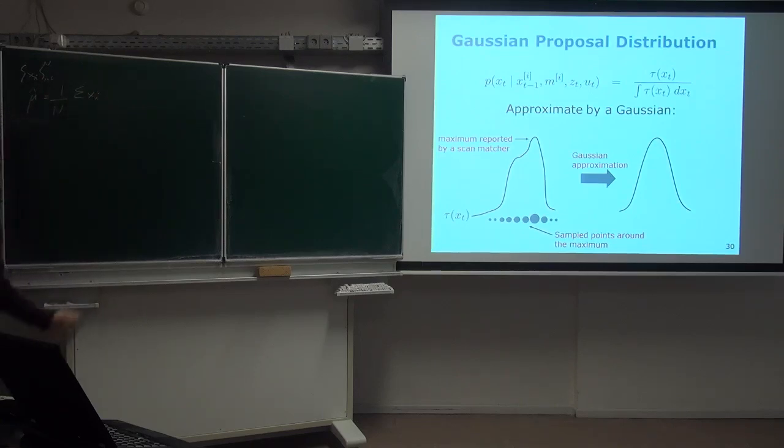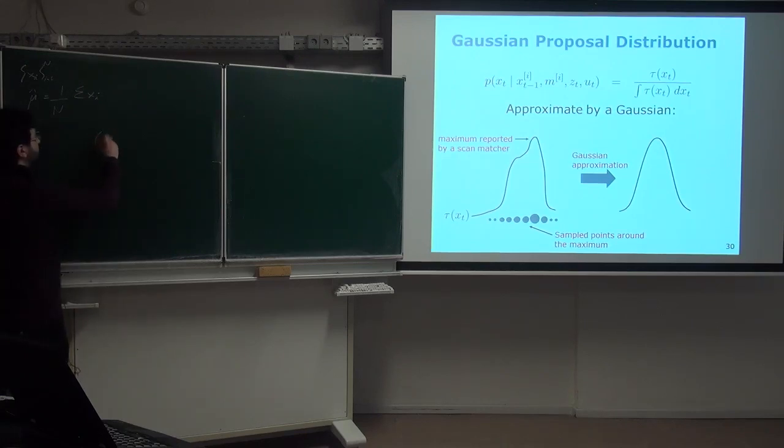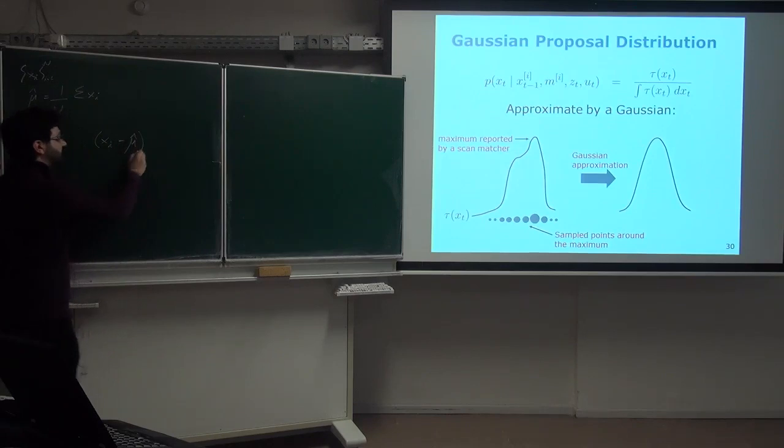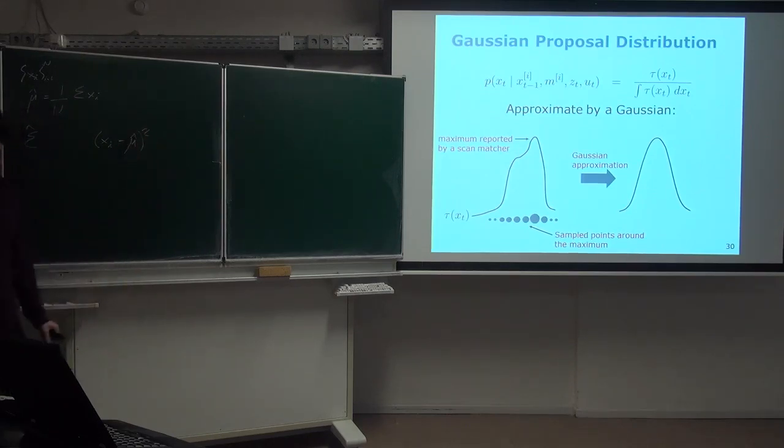Do you remember how we compute the sample covariance? Okay, so we subtract each sample with the mean, okay. Okay, we square it, and then?